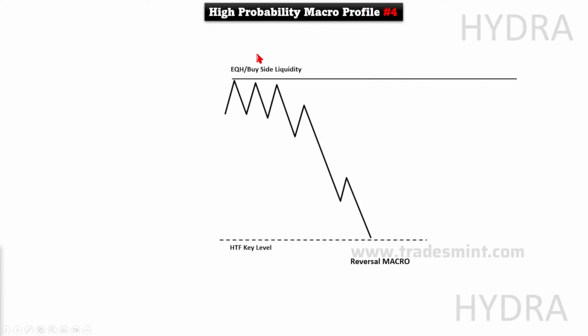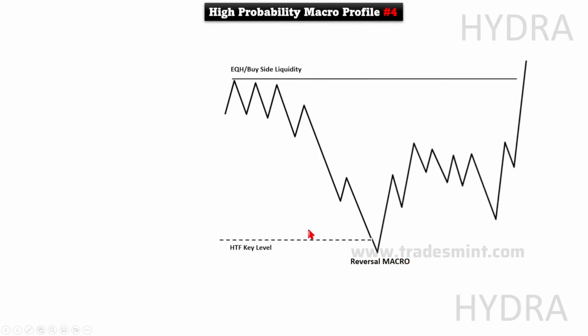Now let's look at this phase here. Once price generates a relative equal high and drops down, and we have this relative equal high intact, we'll wait for price to hit a higher time frame key level. This key level is a higher time frame PD area. Once price hits it, we'll wait for price to get inside the macro, and then we'll be looking for this condition here.